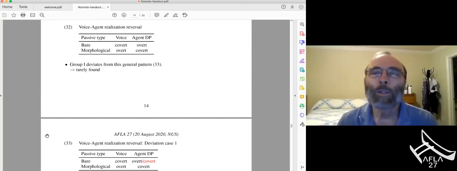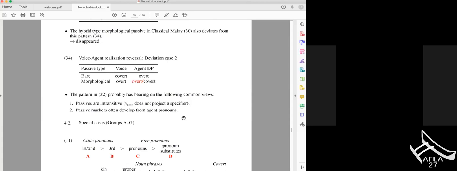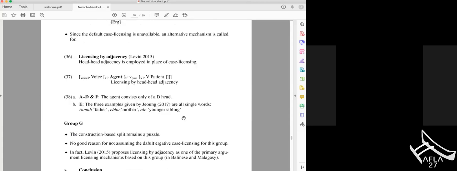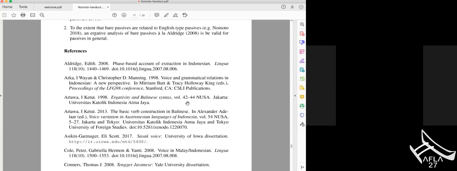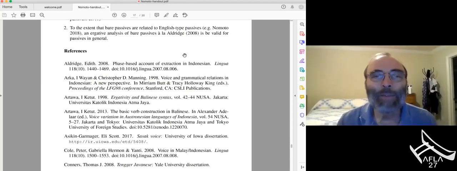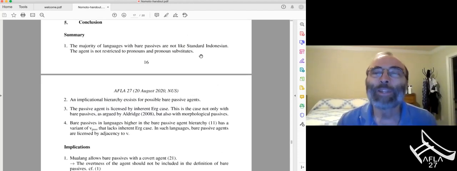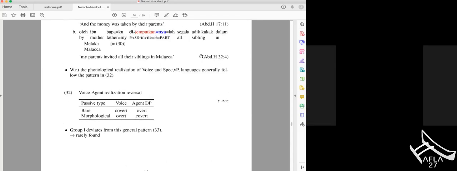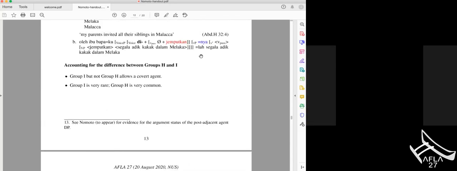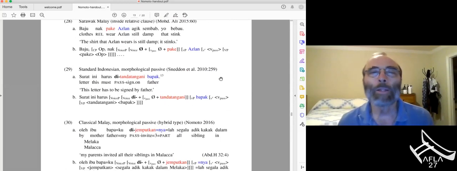That bare agent of the passive, and I forget what number we're on. 39, I believe it was. 29. Sorry, yes, 29, you're right. You said Manning and Arka argued that that's an oblique, rather than a core argument, because it can't function as an antecedent of a reflexive.